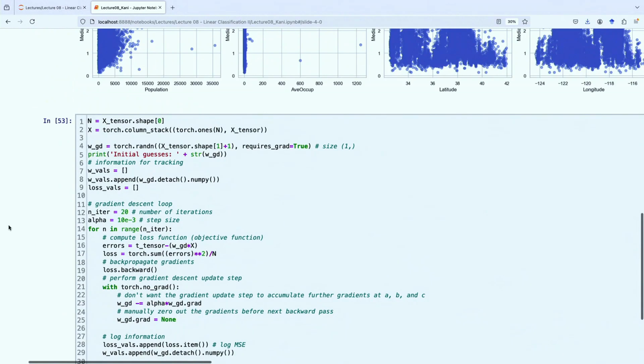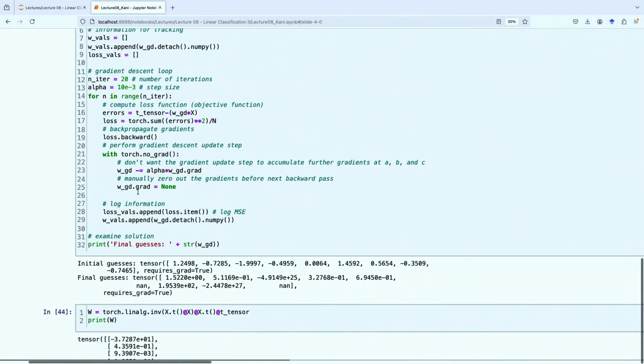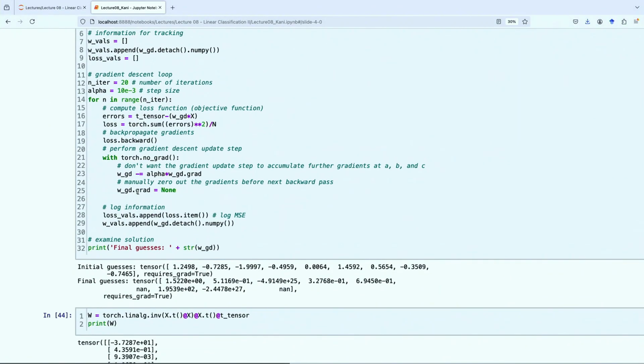I did the same gradient descent. Okay, whatever. You have initial guesses, you have a multi-parameter model, and usually when we do gradient descent, you get some values. But of course, in this case, you get some absurd numbers like e to the negative 20, e to the 27, and you get not a number.